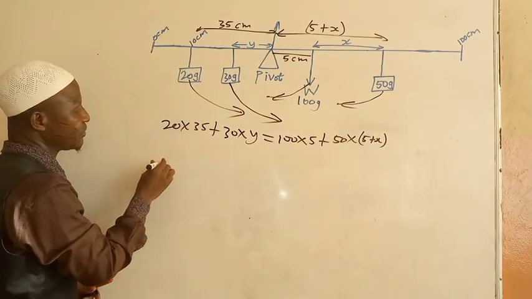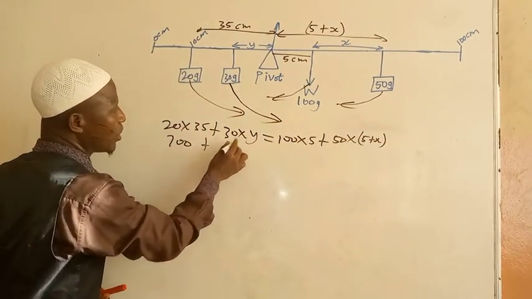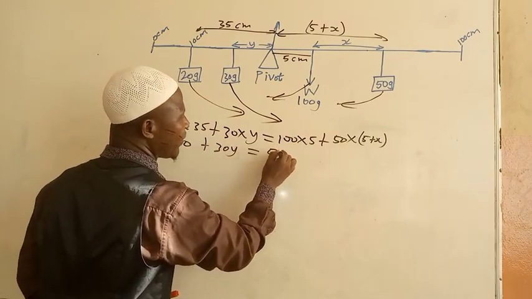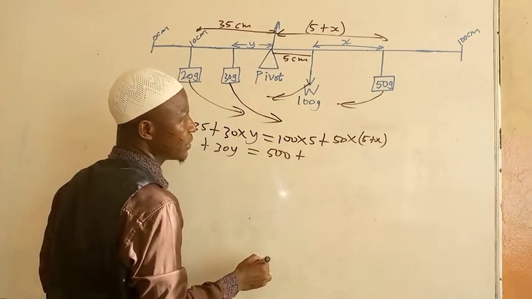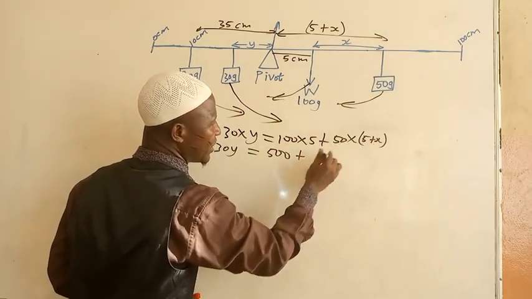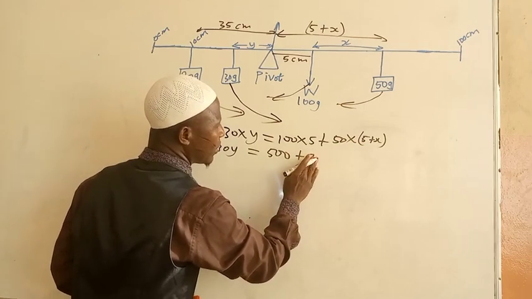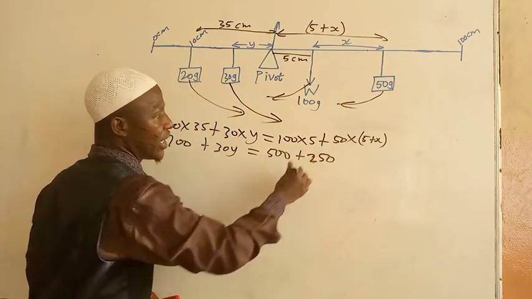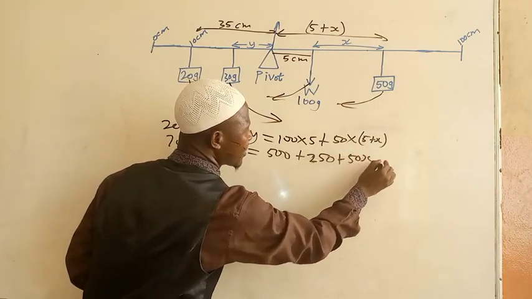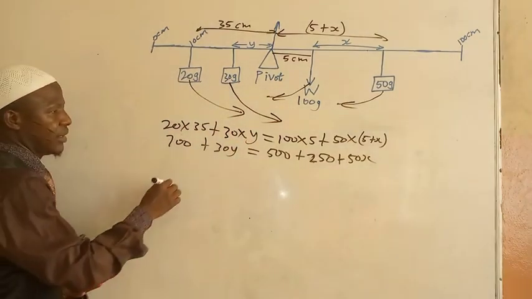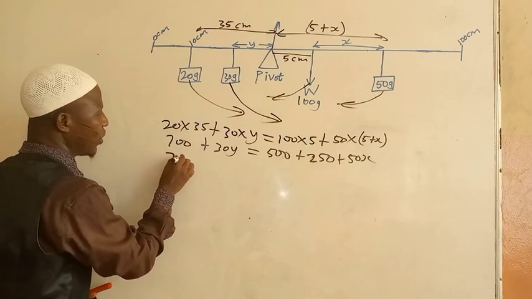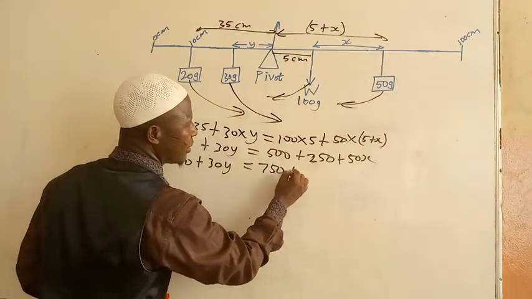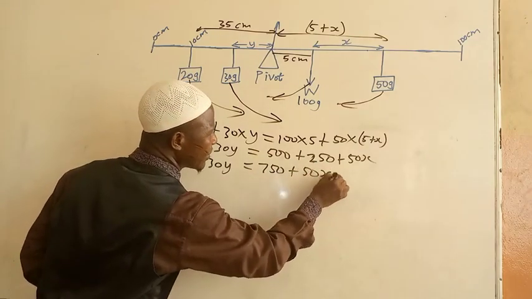So this will give us 700 plus 30y is equal to 500 plus, opening the bracket with this 50, 250 plus 50x. Then let's add these together. We have 700 plus 30y is equal to 750 plus 50x.